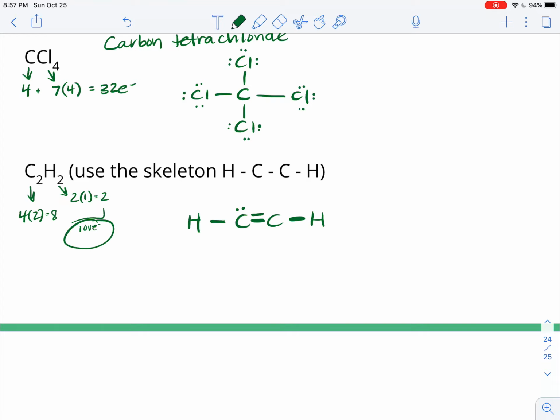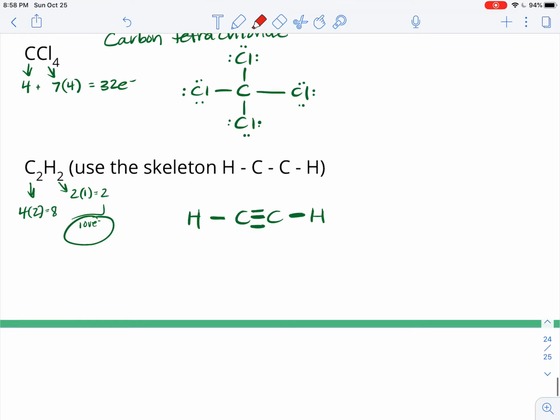This carbon still only has 6 valence electrons. 1, 2, 3, 4, 5, 6. So what we can do then is remove the other lone pair on the other carbon and also redraw that as a bond. Then I have 1, 2, 3, 4, 5, 6, 7, 8. Now each of the carbons has an octet. The hydrogens have duets, so we're done with that structure.